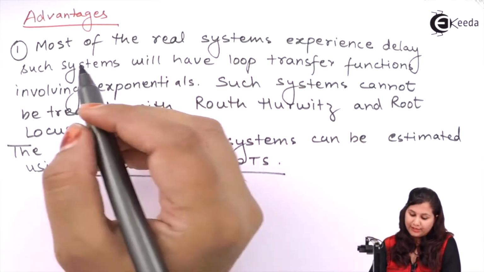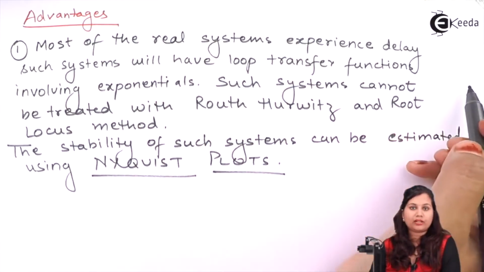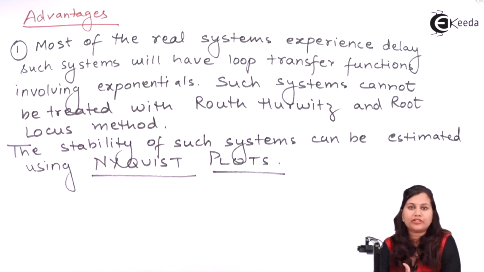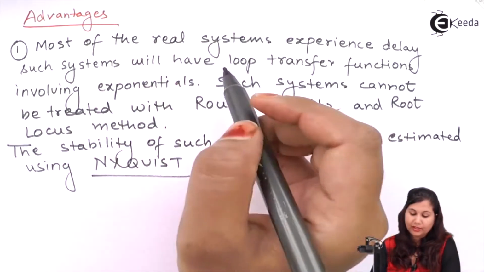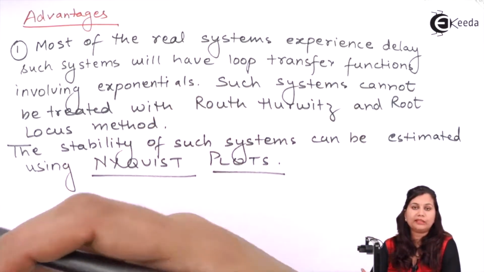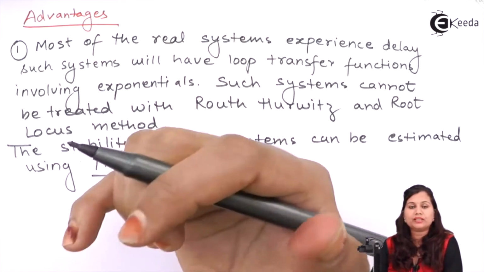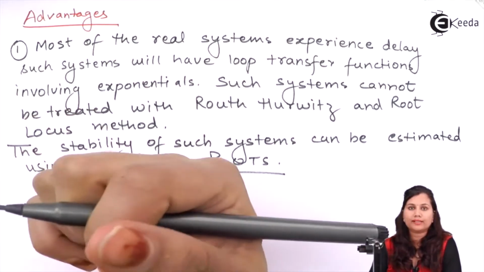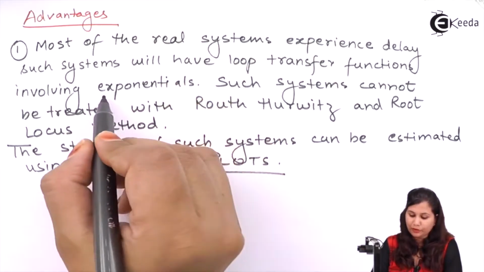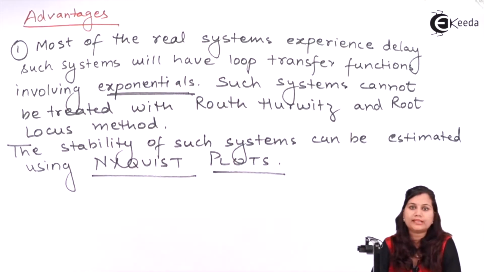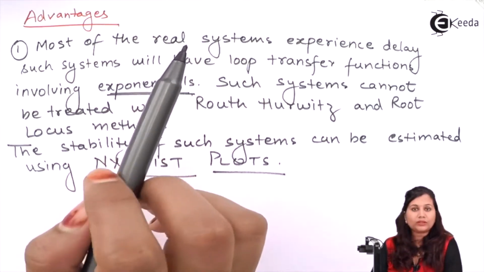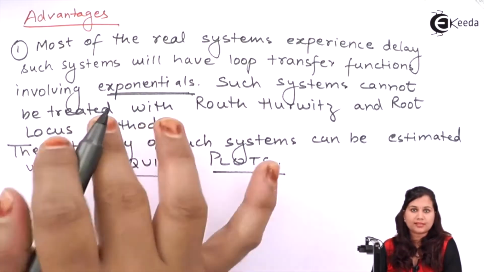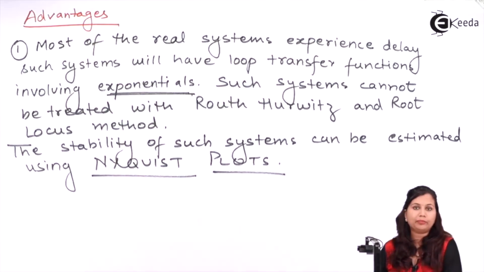So these systems have a loop transfer function involving exponential terms. Such systems cannot be treated, or their stability cannot be found, using the Routh-Hurwitz and root locus methods, because exponential terms are involved. So for finding out the stability of such systems, the Nyquist plot can be used.